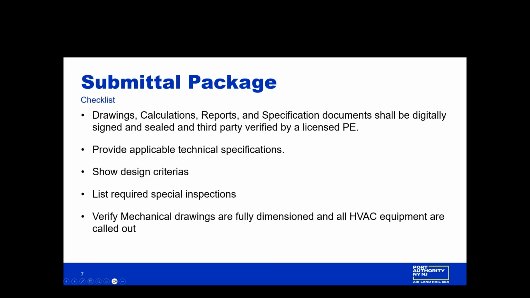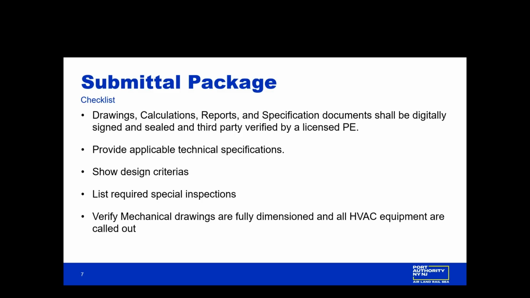Checklist. For the submittal package, there's drawings, there's whatever calculations, reports, specification documents. These are very necessary for us to review. And of course, they need to be digitally signed and sealed and third-party verified by a licensed PE. We no longer accept wet copies, raised seals, anything that's certified.